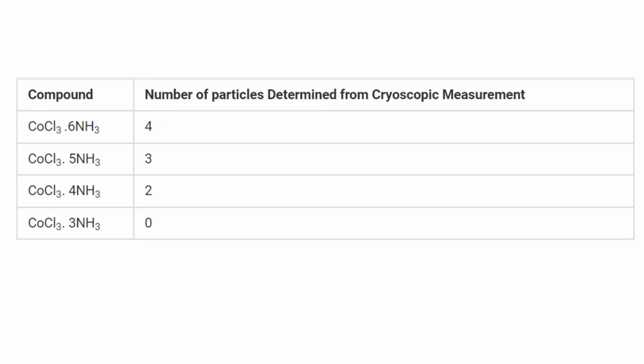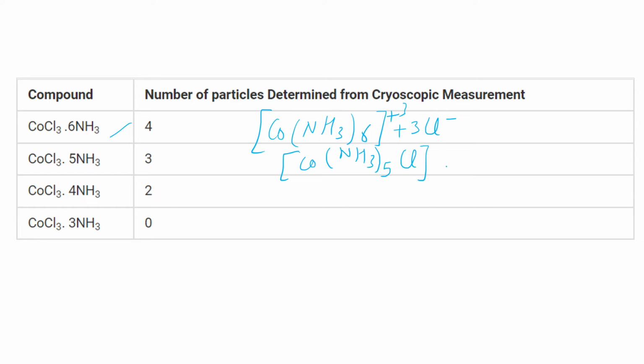For example, the same thing that I was explaining in the previous slide. In the first complex, the composition is cobalt ammonia 6 3+ plus 3Cl minus. In this cobalt ammonia complex, you have to complete the six coordination. So five ammonia will be present inside, one chloride will be present inside to form the six coordination, and two chloride ions will be present outside.